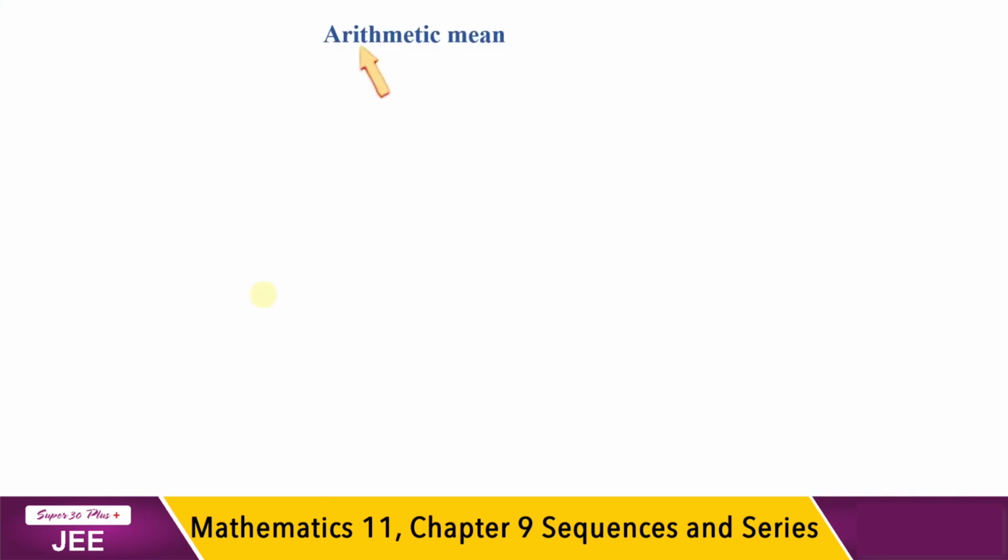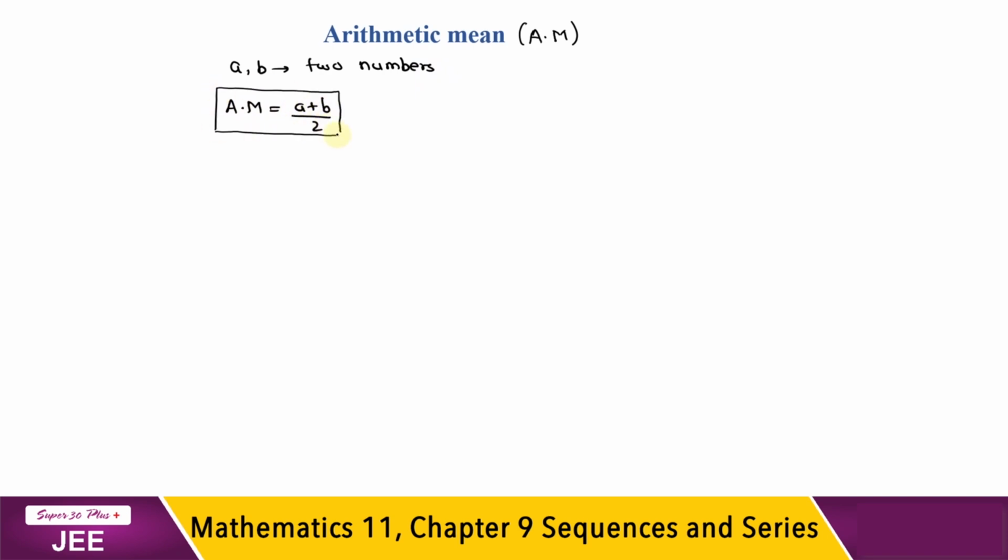As far as arithmetic mean is concerned, it is written in short as AM. AM stands for arithmetic mean. And if we have two numbers A and B, then their arithmetic mean is given by (A plus B) divided by 2.